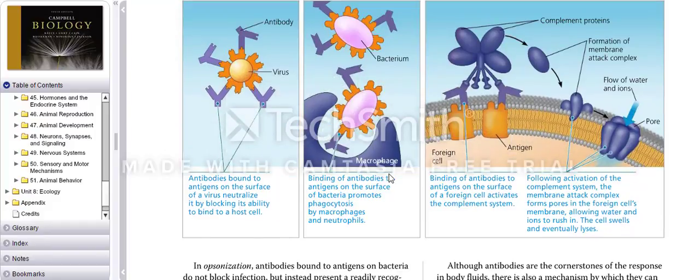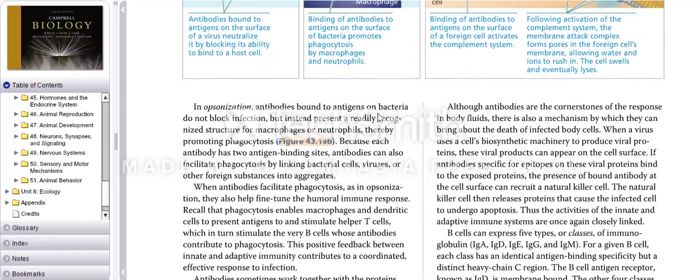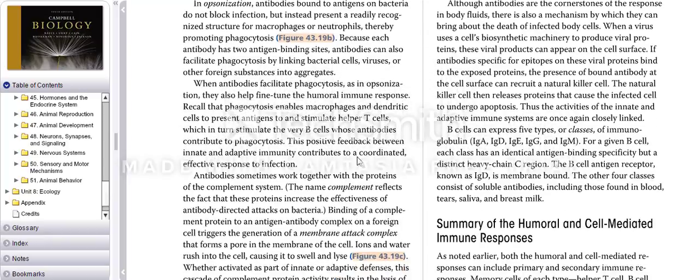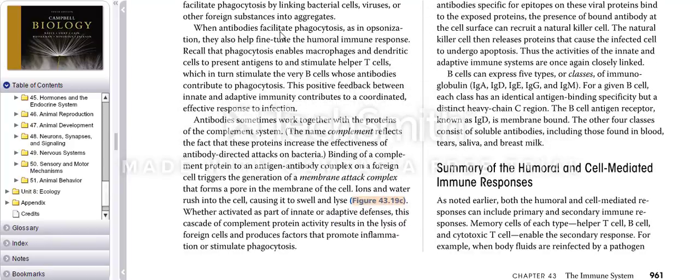And because the antibodies have two binding sites, they can also link together bacteria, and they can also initiate the rest of the humoral immune response. Because they're initiating phagocytosis, it can also enable the stimulation of helper T cells and B cells.